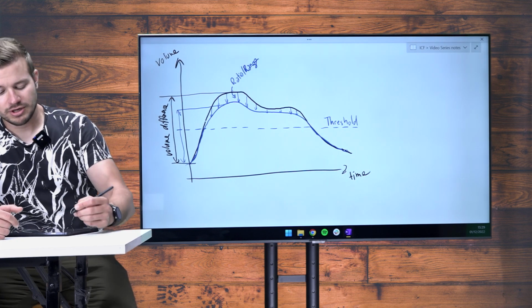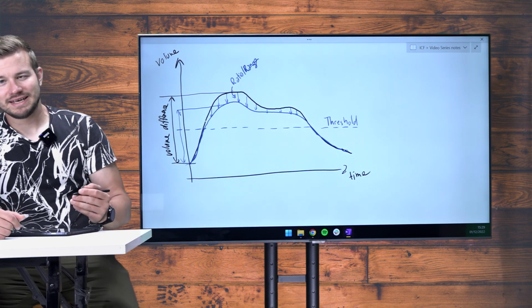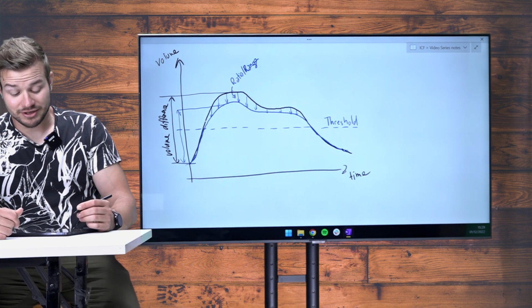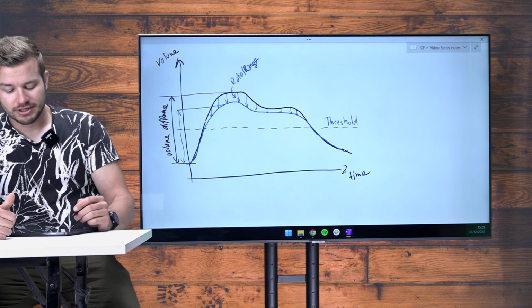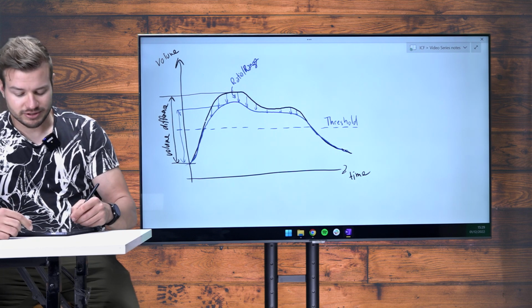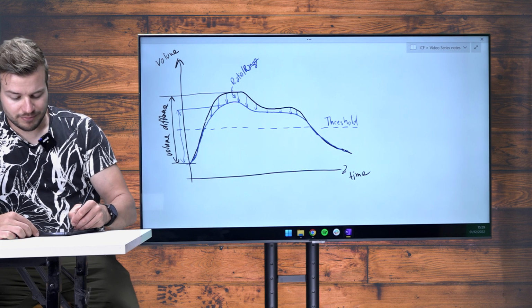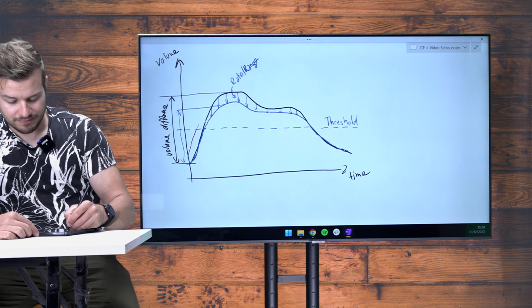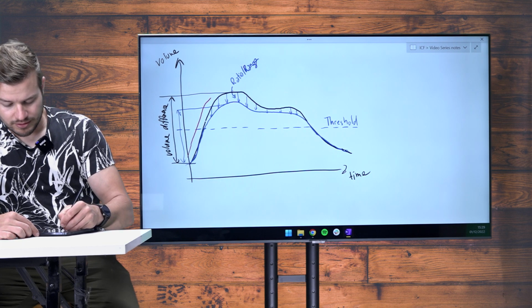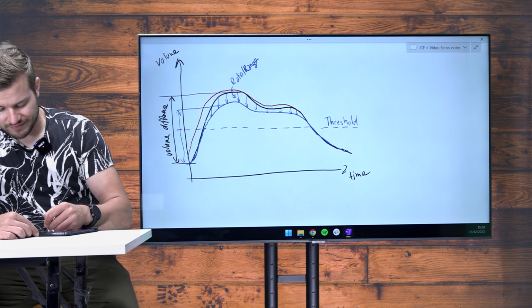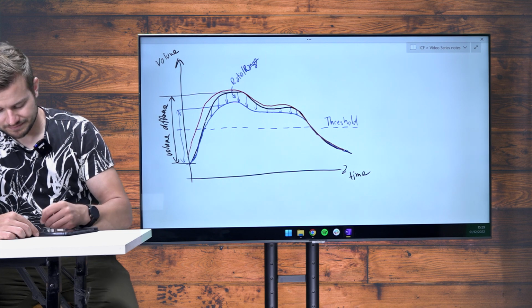So what we do in the second step is basically increase or turn up the volume at every point in time, no matter what the threshold is. At every point in time we turn up the volume such that we end up with something like this.